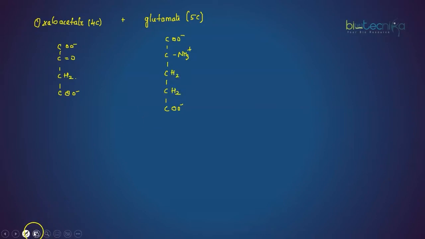And here also the same thing will happen, which means there is going to be a transfer of this amine group to here and this ketone group to here. So with the help of which enzyme? Aspartate transaminase or aminotransferase, AST.